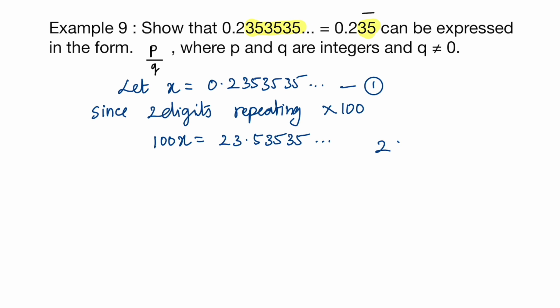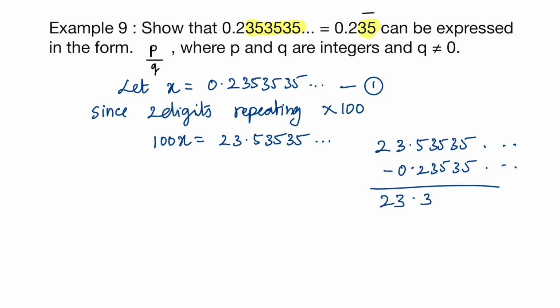So how would you do that? 23.53535 minus 0.23535. Okay, so both these things get cancelled out, and that would give you 23.3. Okay, just a basic subtraction. Now that is giving you 23.3.